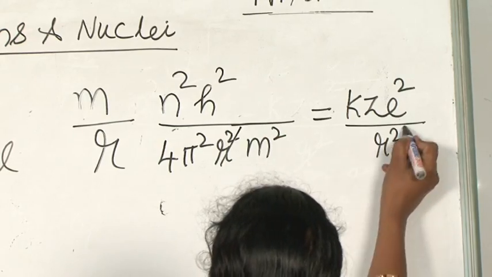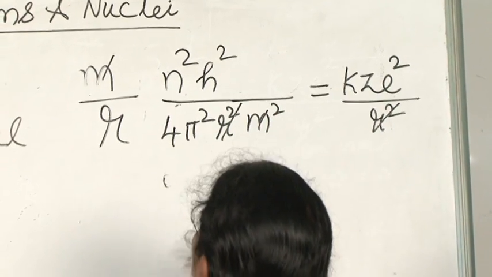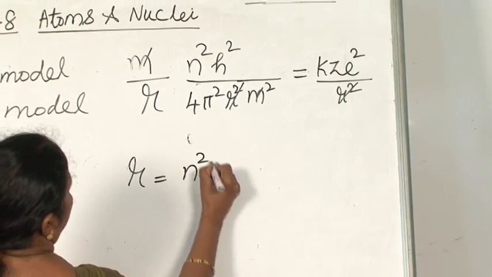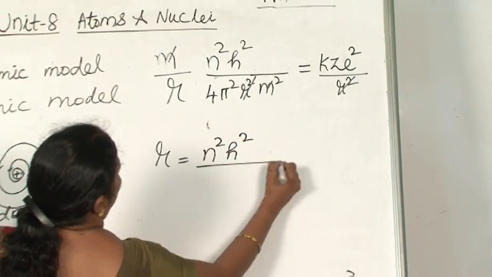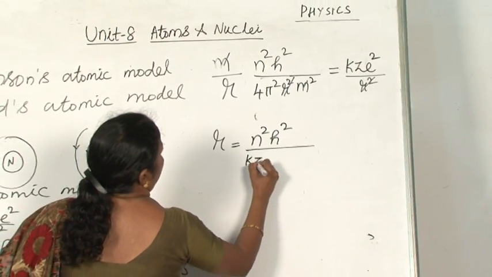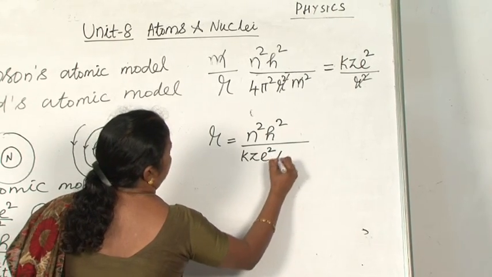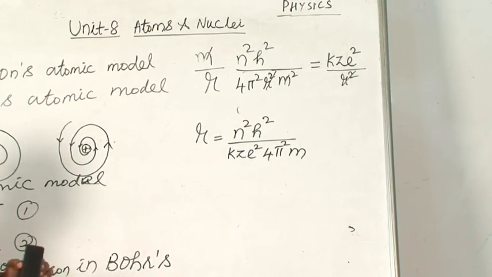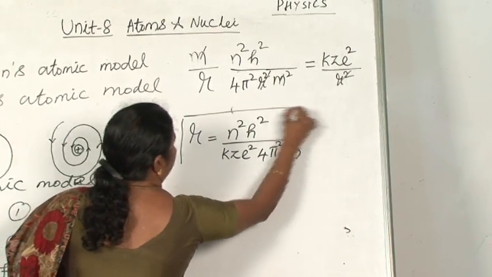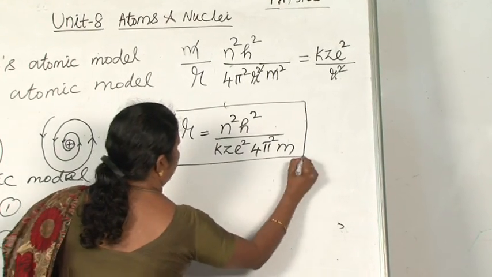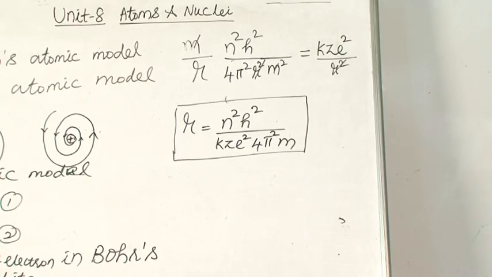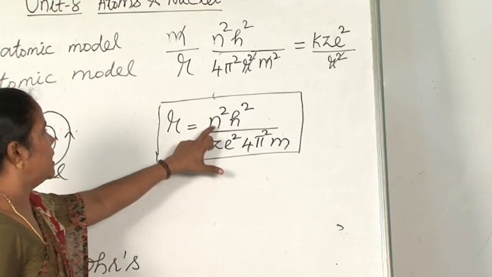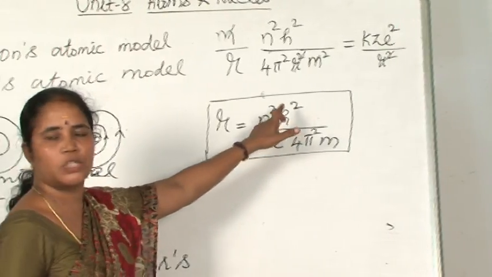R square will go off, and m will get cancelled. Finally, r is equal to n square h square by 4 pi square m k z e square. This is the expression for the radii of orbits of the electron in Bohr's stationary orbits. This radius is proportional to the square of the principal quantum number n.